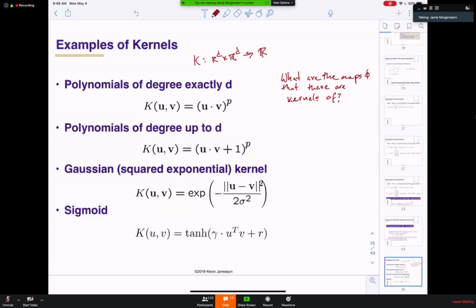And also notice that these don't explicitly have to, they do most of their computation in the d-dimensional space as opposed to in some higher dimensional space. They take dot products in d-dimensional space, or here you take the difference in d-dimensional space and then look at the L2 norm. Similarly here, we're doing some computation in d dimensions rather than in some higher dimensional space.